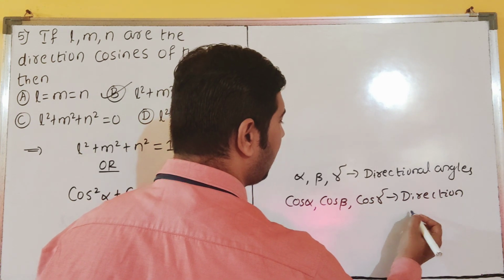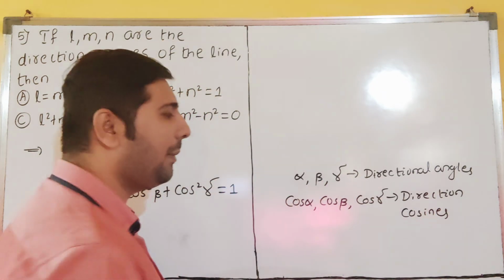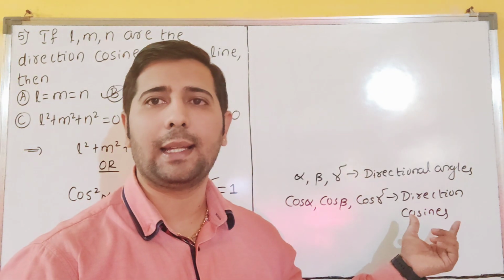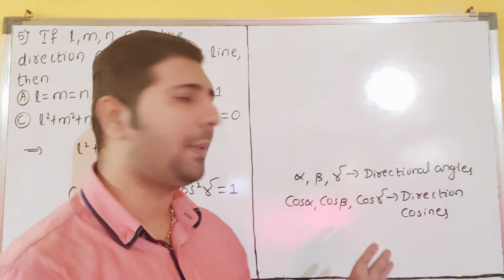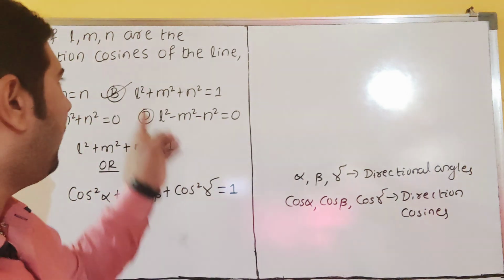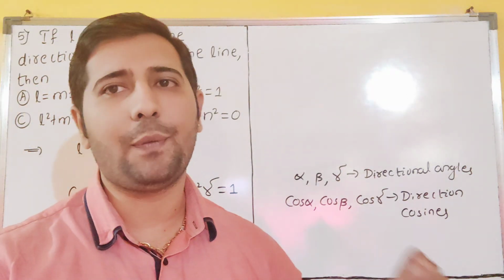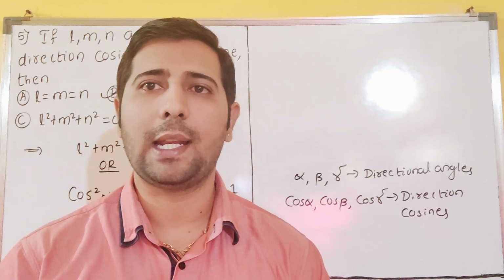Direction cosines. So this is the major difference you have to understand here. This and this are both the same. Our answer is matching with B. B for bingo is our answer, dear students. So please copy this. We'll see the next question, dear students.